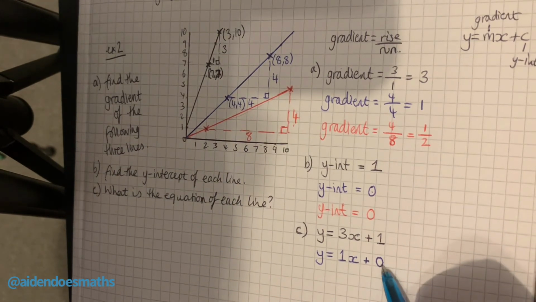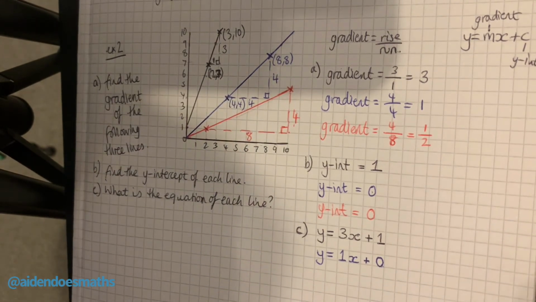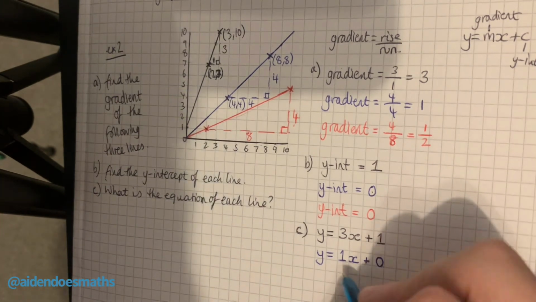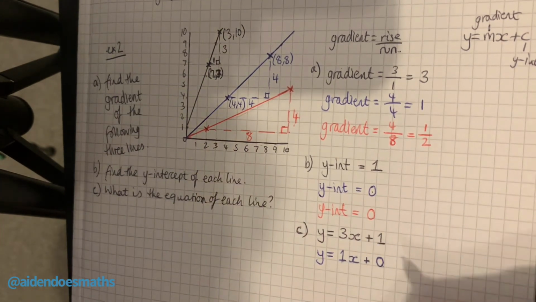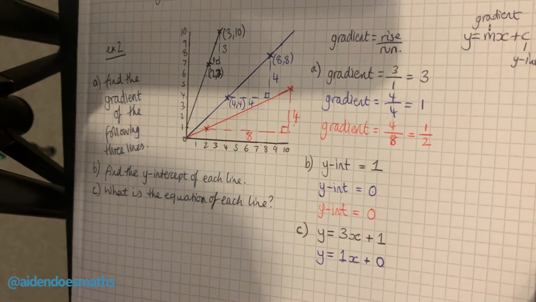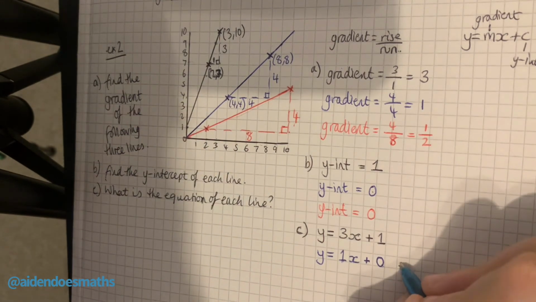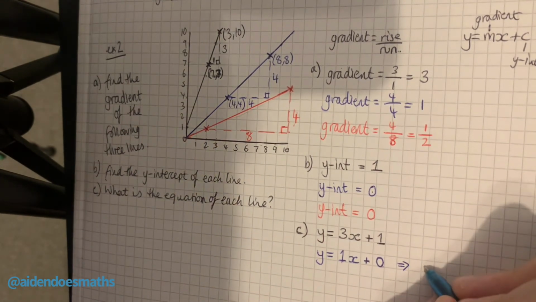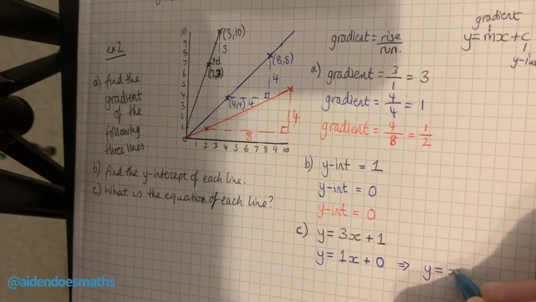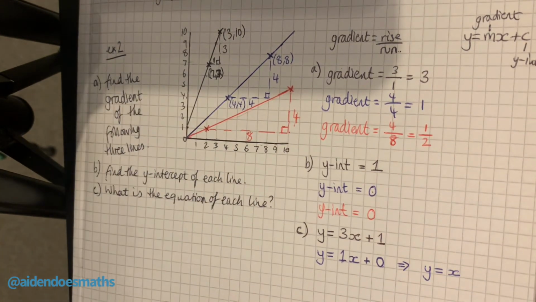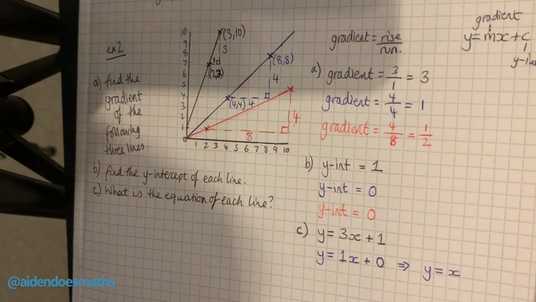We don't need to put this 0 here. If there's a value of 0, it doesn't exist, so we don't need anything. And also if we just have 1x, we can just write it as x instead of 1x. So instead of y equals 1x plus 0, we're just going to write y equals x. There's nothing added to it at the end, so it's just y equals x.